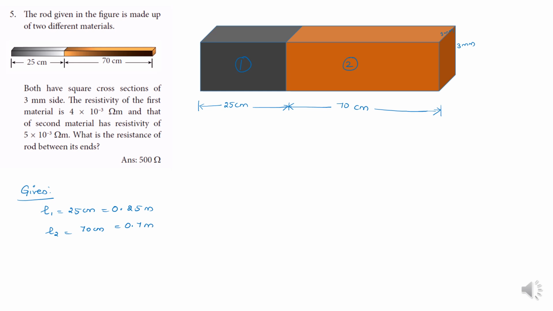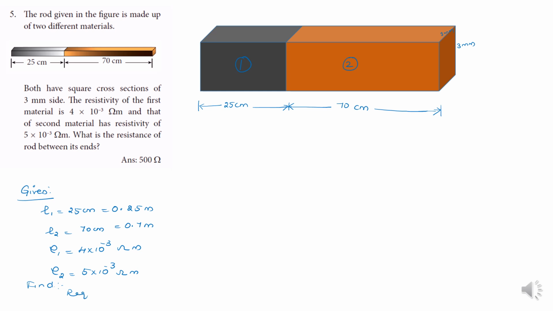Resistivity of the first material, rho 1, is equal to 4 into 10 power minus 3 ohm meter. Resistivity of the second material is 5 into 10 power minus 3 ohm meter. Find the equivalent resistance between the ends.